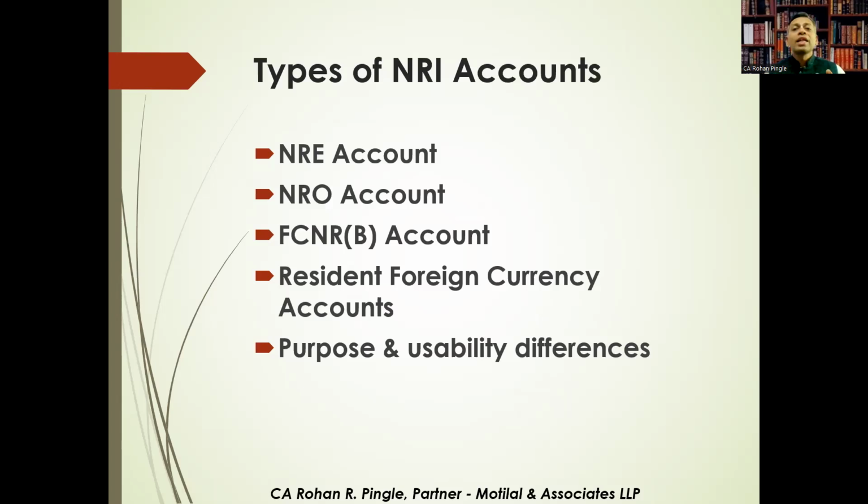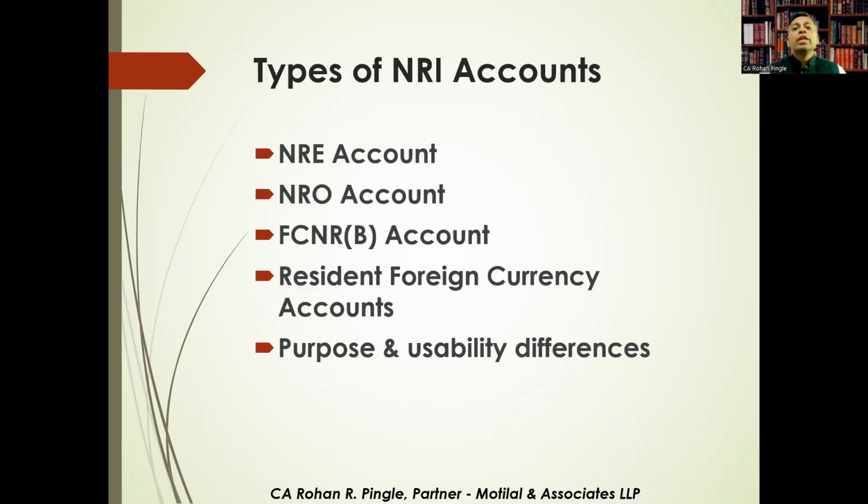Each category has different repatriation rules, different taxation treatment, different currency denomination, and different permissible credits and debits. Improper operation of these accounts is one of the most common audit observations in concurrent audits. Once the classification gets wrong, everything would get wrong.